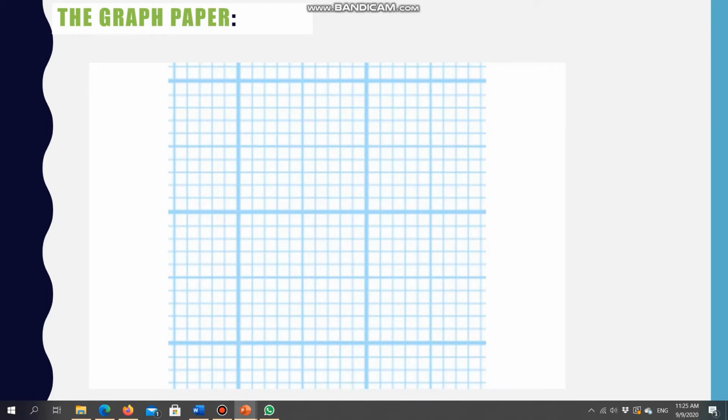Now, in order to be proficient at drawing your graphs, you need to know your graph paper well. Standard graph paper is like this. It has several squares which are of different sizes. The small square is 2 mm by 2 mm.